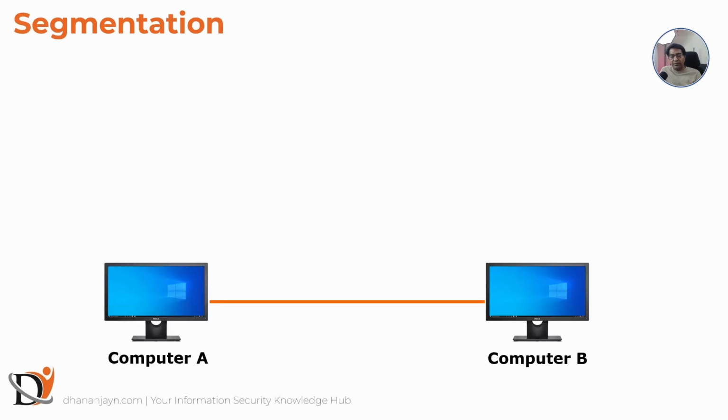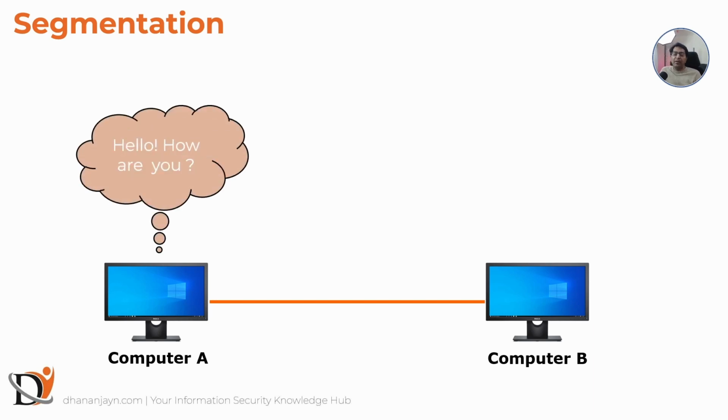To understand the segmentation part, consider there are two computers on the network. There is a user on computer A who is talking to a user on computer B. It could be some messaging software they might be using.